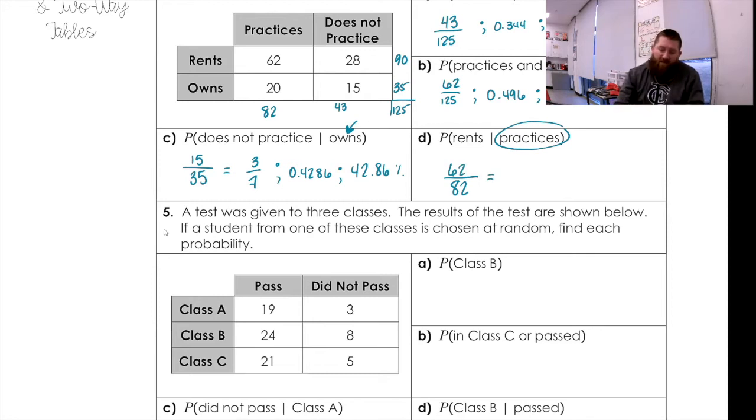Go ahead and math frac that rascal, 31 over 41, which of course we can express as a decimal, 0.7561, or as a percentage, 75.61%. It's not that bad, right?